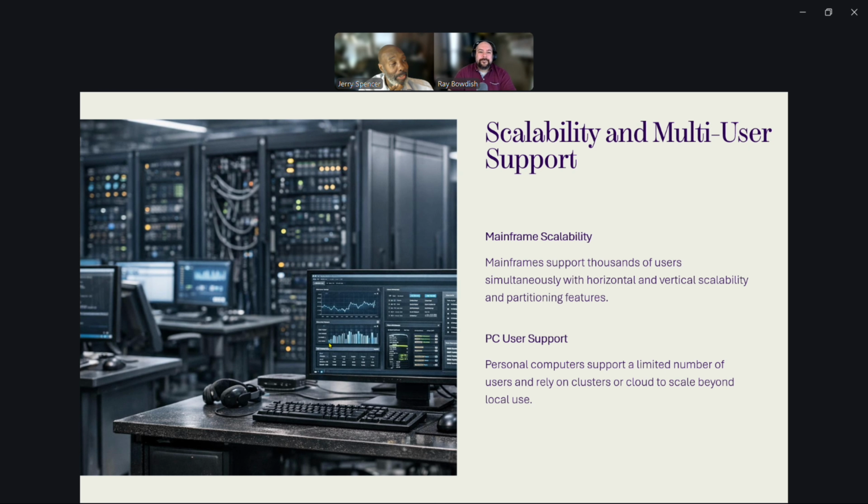All right. So now we're going to talk about scalability. That's the absolute heart of the mainframe. It can handle one user, it can handle 1,000 users, it can probably handle 1,000,000 users, like Ray was talking about, because it is designed to support that.